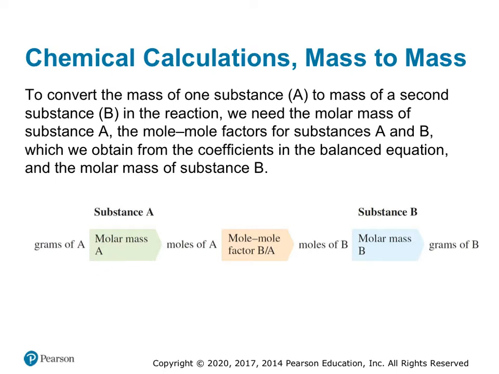So that's not anything new. We've done that before. And then in the third part of the problem, we'll be taking moles of substance B and using molar mass to get back to grams of substance B, moles to grams. So that's really not something new either. That's something we did in chapter 7. So we're going to combine what we learned yesterday with moles to moles and combine that with what we knew in chapter 7.